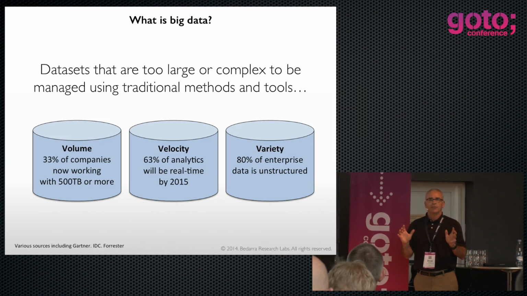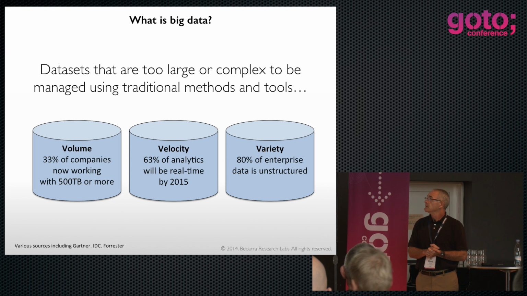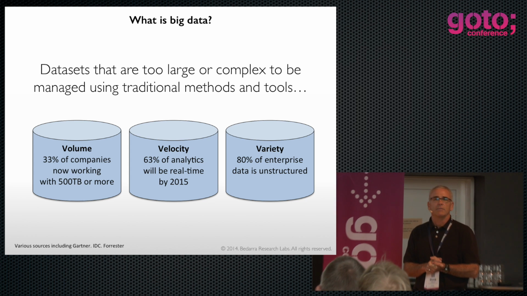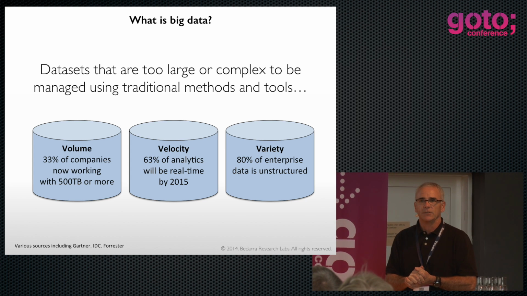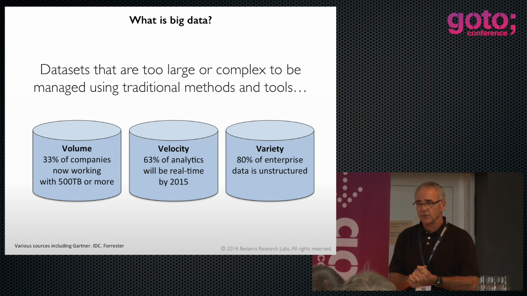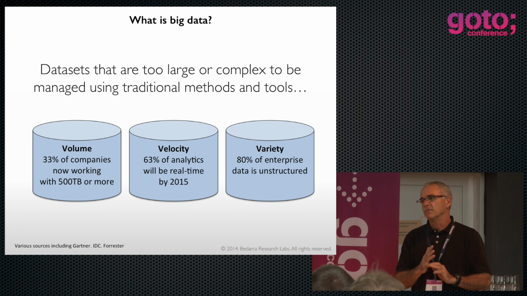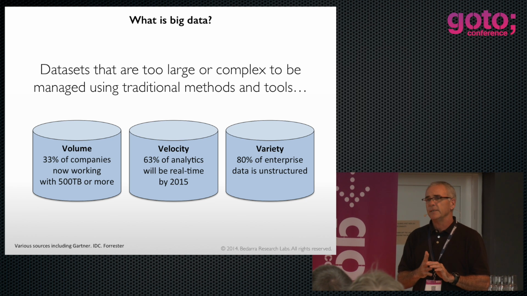So in a nutshell, big data sets are basically too large to be handled any other way. And so they require new tools and new technologies to actually be able to manage them. There's a lot of talk about the 3 V's: volume, velocity, and variety.